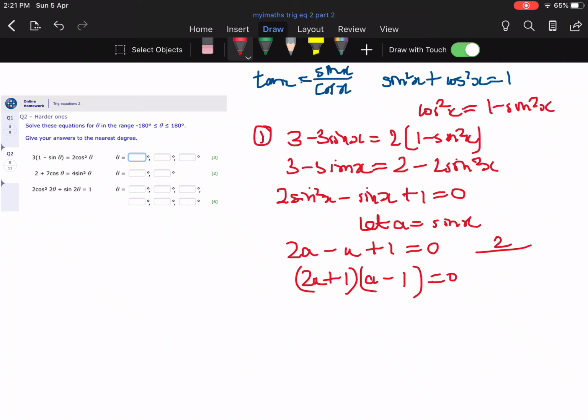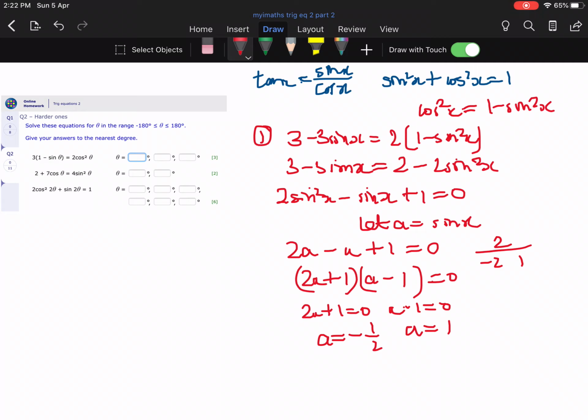If you want to figure that out the long way, the way I've shown you in the past, that's fine. What multiplies to make the 2 but adds to make minus 1, you could have written minus 2 and 1. And then you could have broken it down from there, but I'm just taking a shortcut. So therefore, I've got 2a plus 1 equals 0, and a minus 1 equals 0. So I end up with, let me just jump a step, a equals negative a half, and a equals 1.